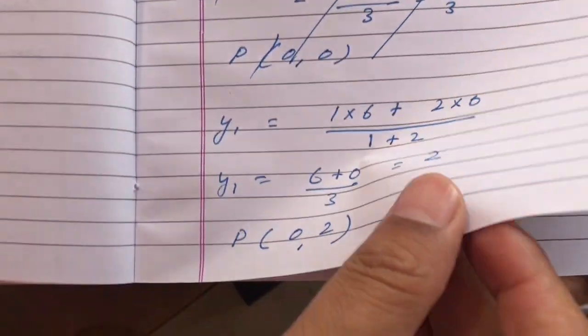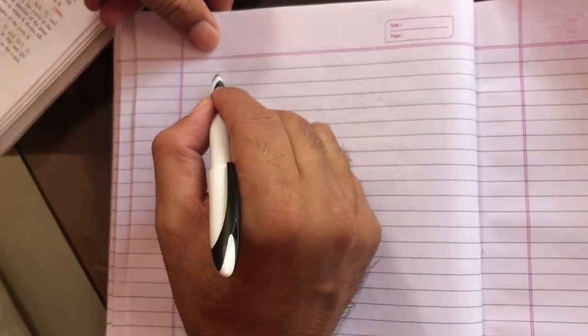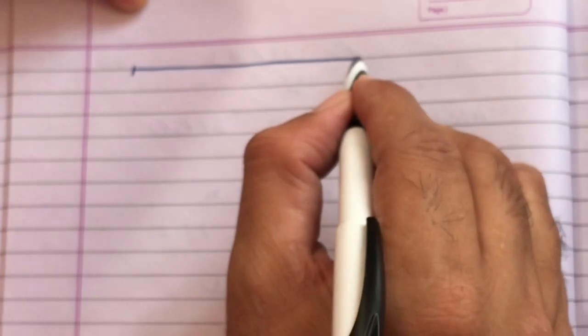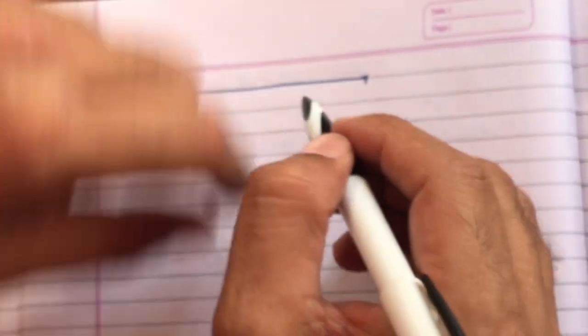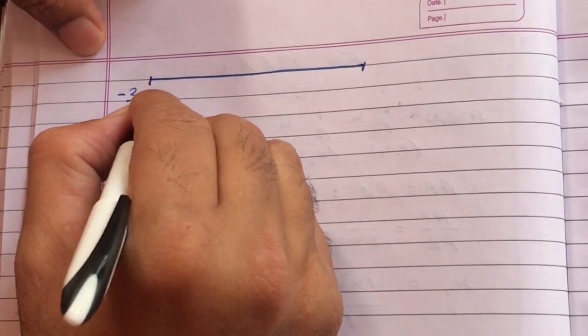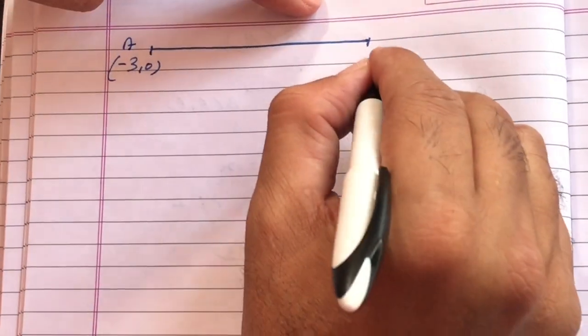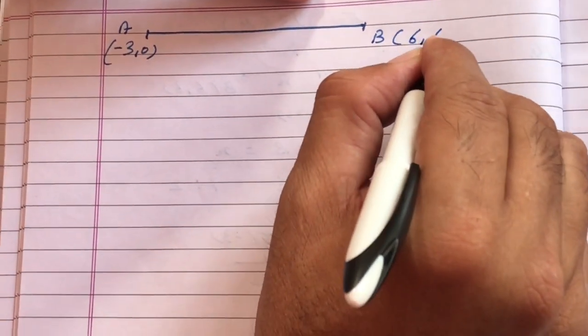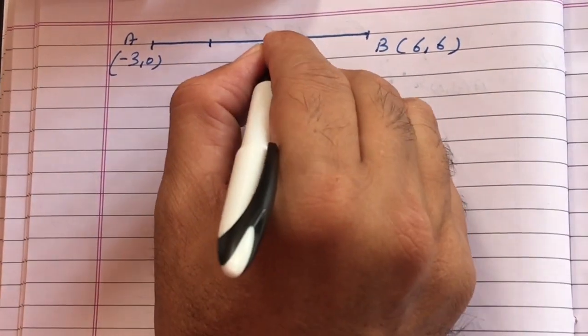Now for point Q, I draw the line again. The same line I draw, from (-3, 0) it is A, B is (6, 6). These are 3 equal parts.